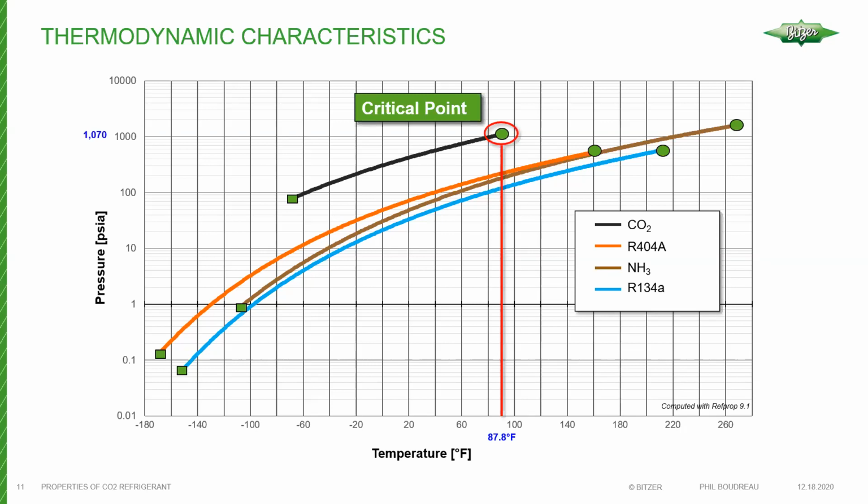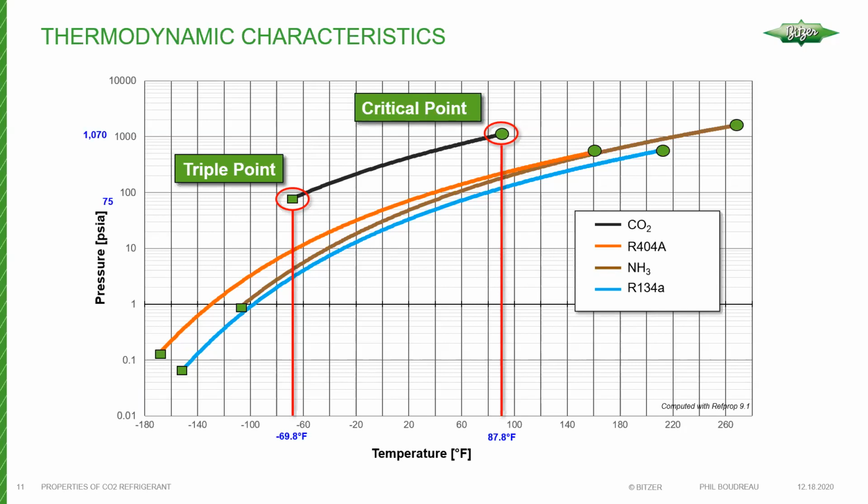So here again, we have the critical point of CO2 being just under 88 degrees Fahrenheit, and the triple point is quite high compared to other refrigerants at approximately minus 70 degrees Fahrenheit. And again, that's approximately 75 PSI.